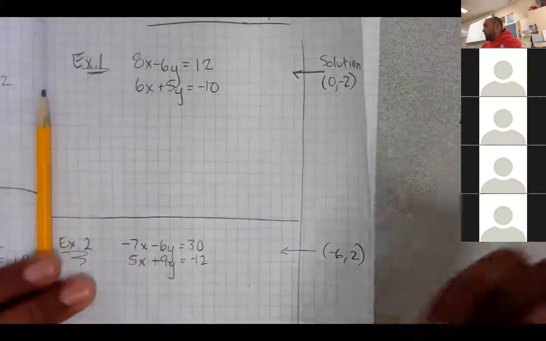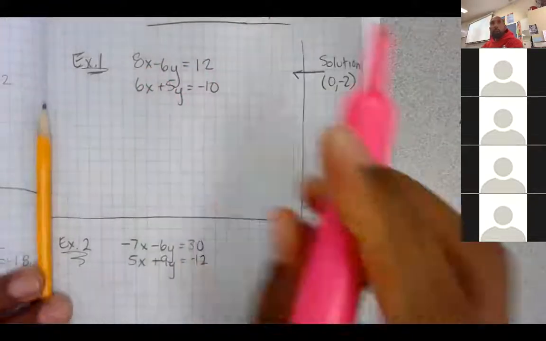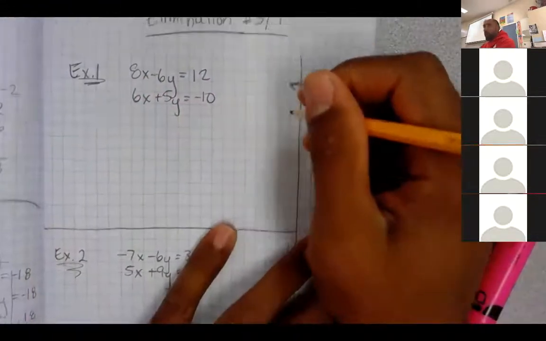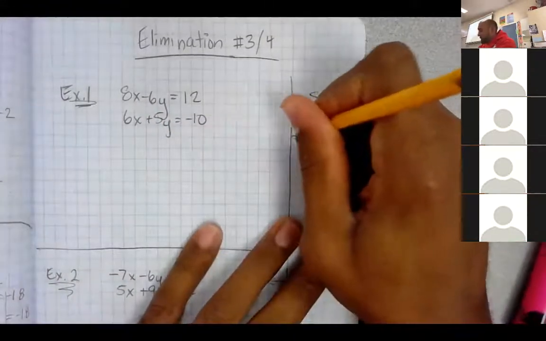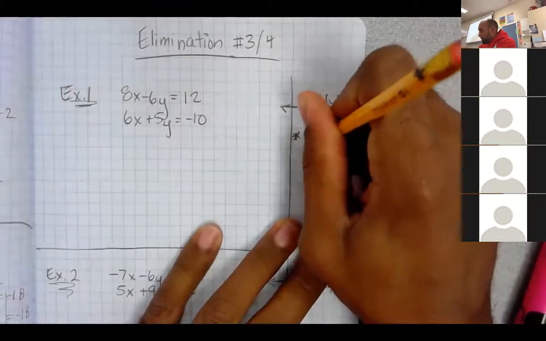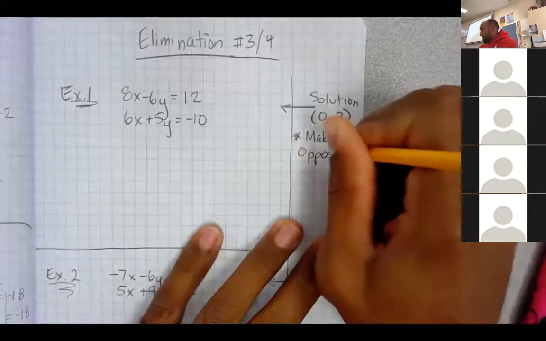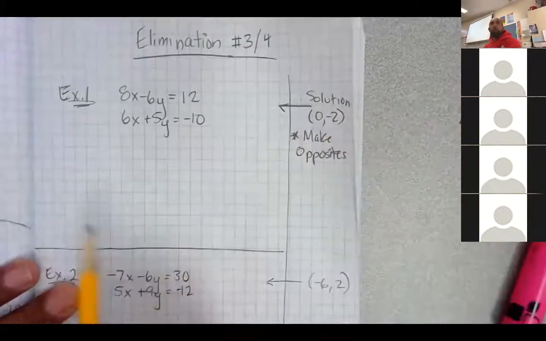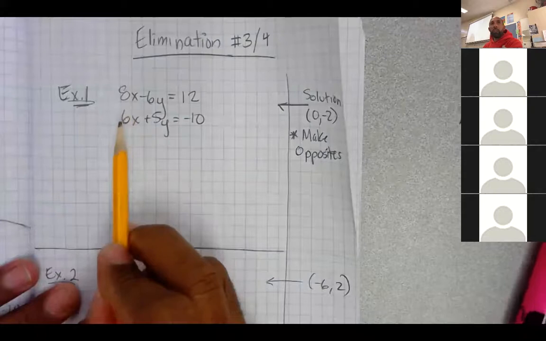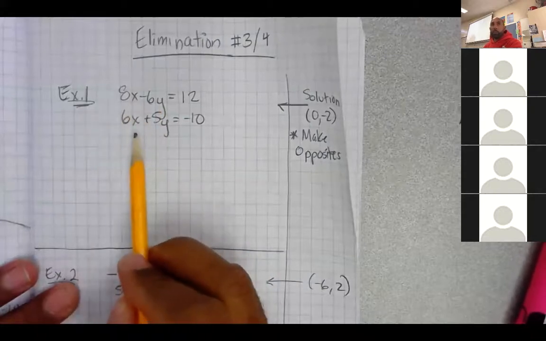Okay, so here, again, we need to make opposites. Remember that elimination is all about making opposites. I want one of these to be negative and the other to be positive.